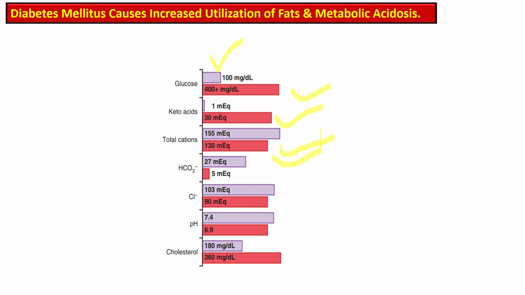The reduction in cation concentration is due to metabolic imbalance and dehydration. Then there is bicarbonate ion. This bicarbonate is normally 27 and it has decreased to 5 milliequivalents.